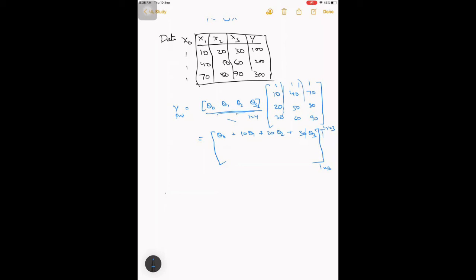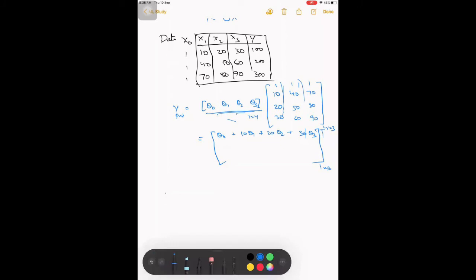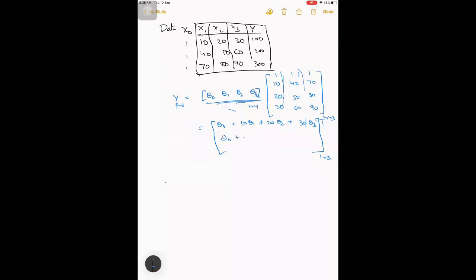Next is theta naught plus the second row: 40 theta 1 plus 50 theta 2 plus 60 theta 3. Similarly, theta naught plus the third row: 70, 80, and 90.